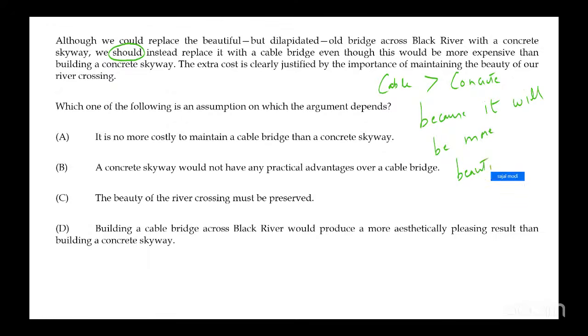That's the simple argument. More expensive, but more beautiful. The cost is justified by more beauty.